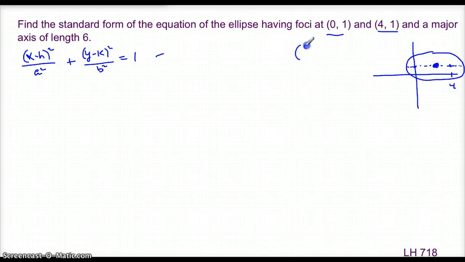The x-coordinate is going to be 0 plus 4 divided by 2, and the y-coordinate is going to be 1 plus 1 divided by 2. 4 divided by 2 is 2, and 2 divided by 2 is 1. So this is our center.